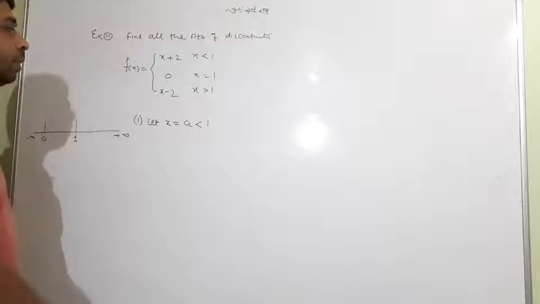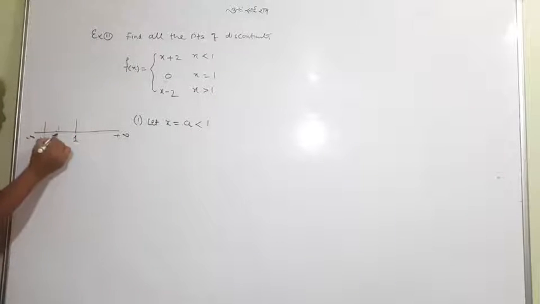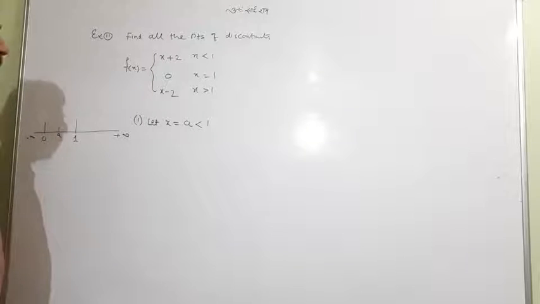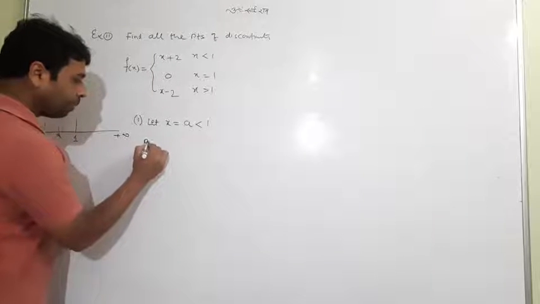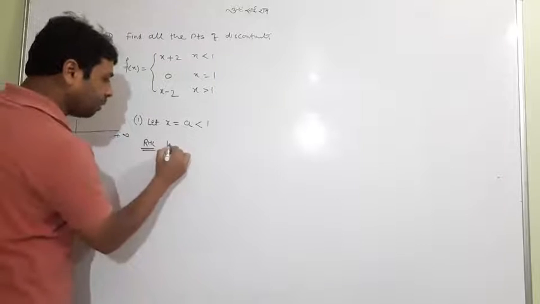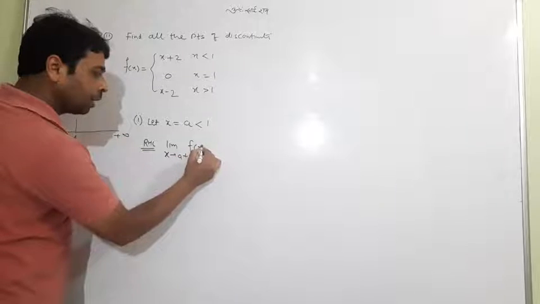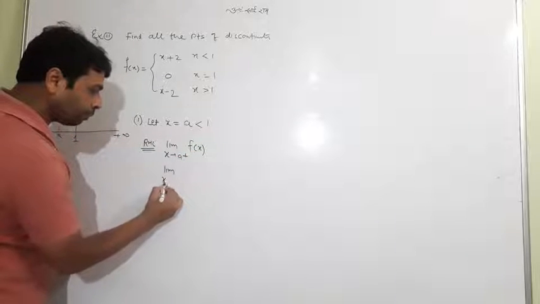Meaning now we are finding the continuity at x equal to a, which is less than 1. Now I'll go with the right hand limit, for we have to go for both limits. Right hand limit is limit x tends to a plus of the function. Now the question is, what is the function?